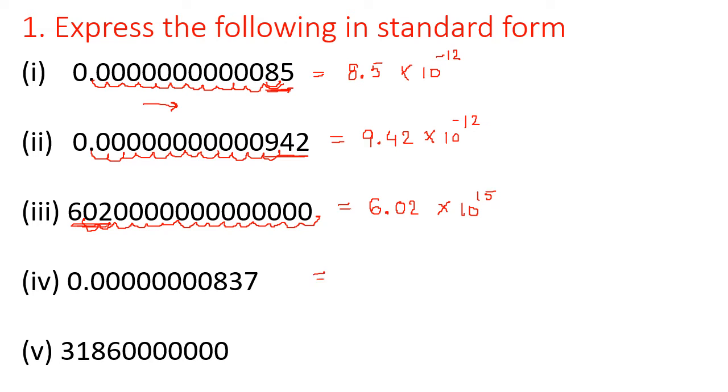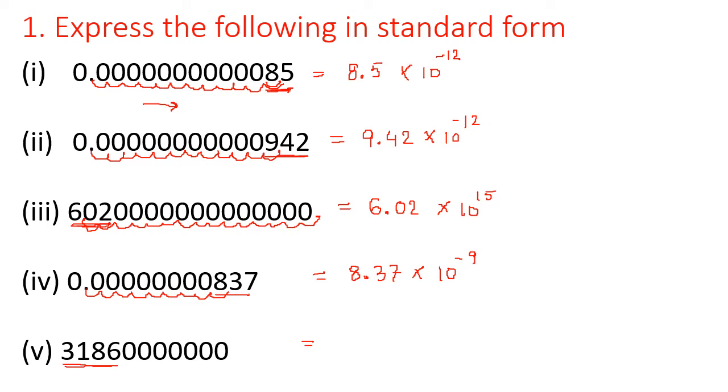In the fourth question we have 3 digits non-zero. So we'll write it as 8.37, because the decimal is after the first digit, and the decimal is shifting towards the right. 1, 2, 3, 4, 5, 6, 7, 8, 9. So it will be 10 raised to minus 9. In the last question, there are 4 digits which are non-zero.